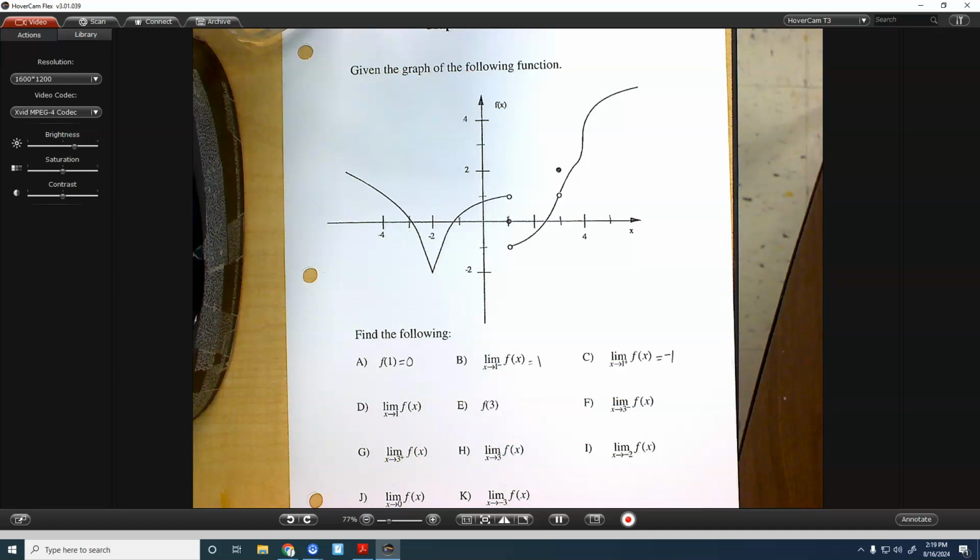Okay? So can we give an answer for that? There are 2 different answers, right? And what they're saying here is you have a limit from both sides. Those 2 have to equal each other. So since these 2 are not equal to each other, this limit right here we say does not exist. Okay? So for D, that limit does not exist.